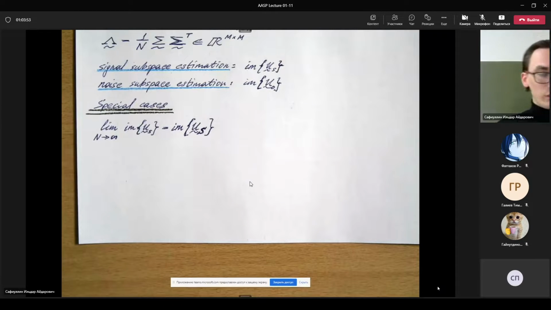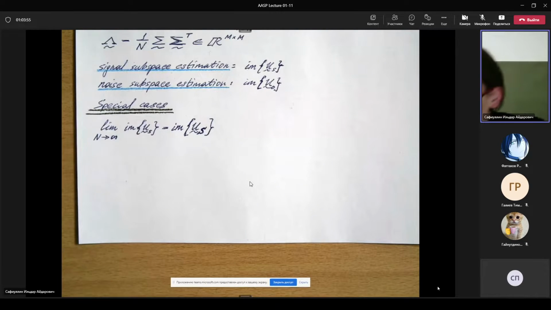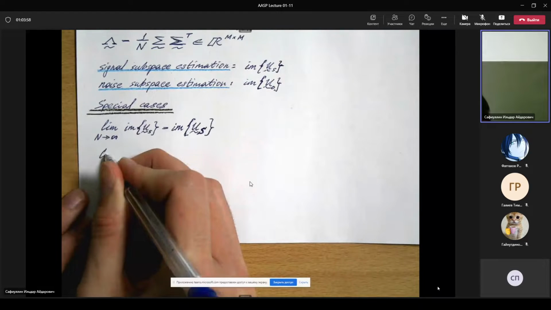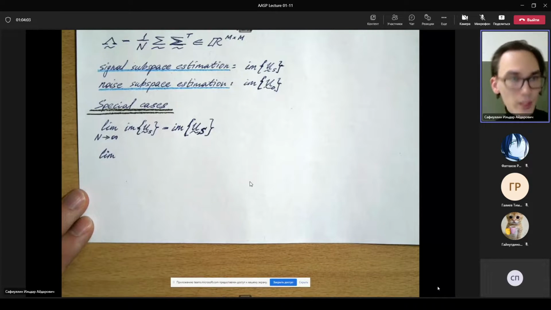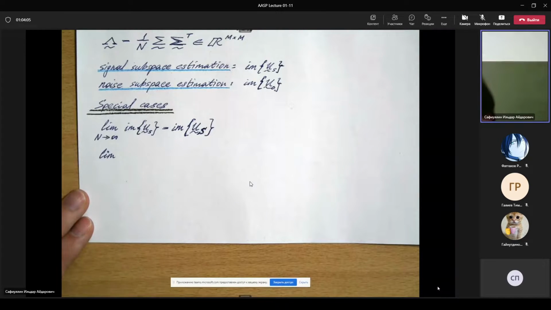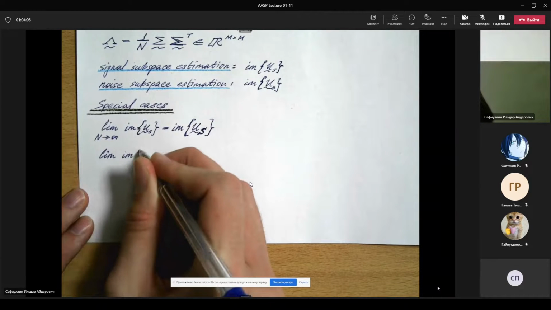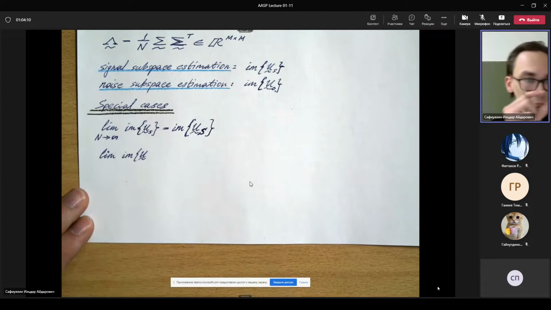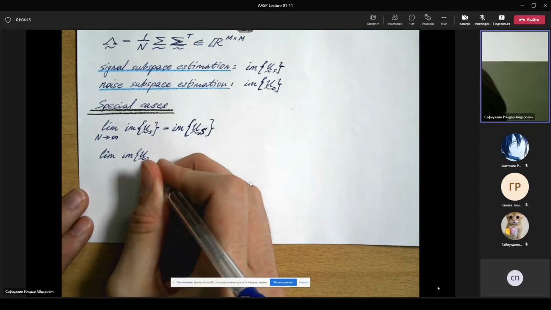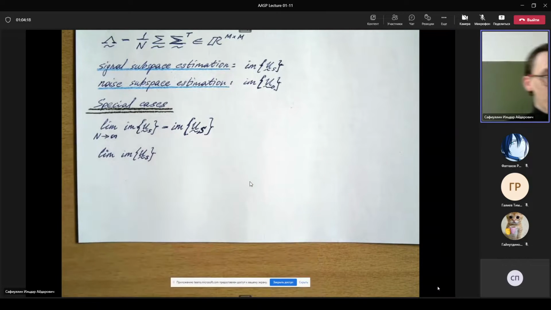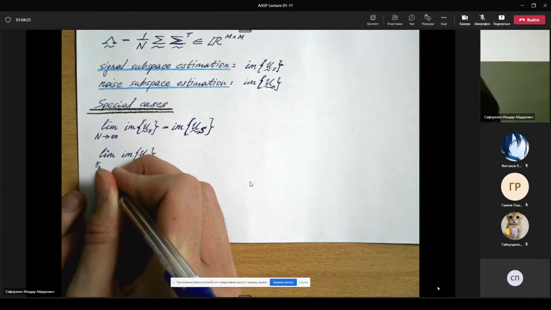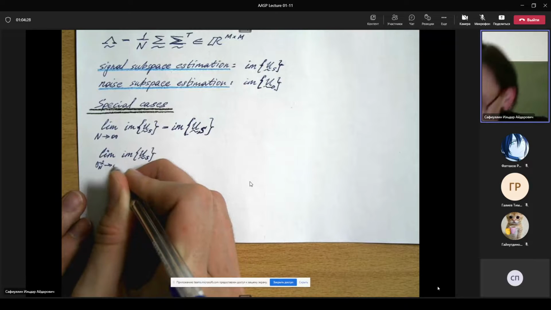And vice versa, we can say that if we assume this lim for the same image of U with small s, the estimation of a signal subspace, now we assume what we will have if the noise variance sigma squared goes to 0.